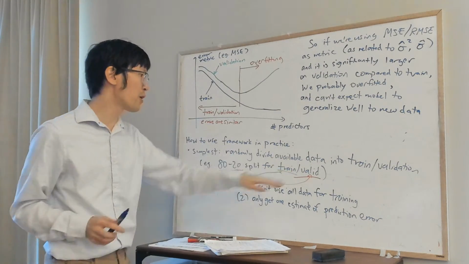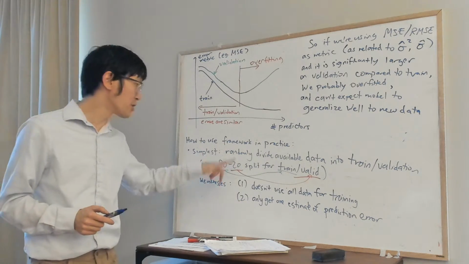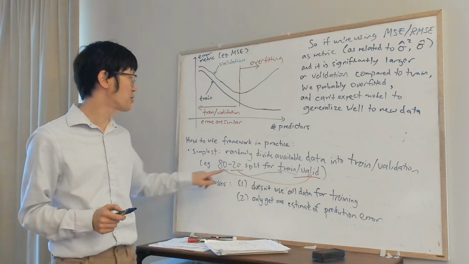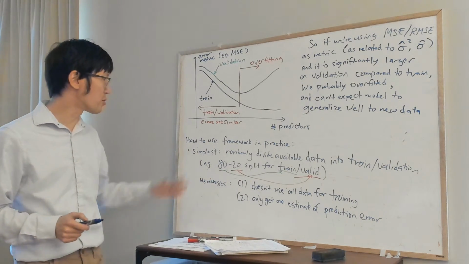We train and then we validate. So the validation only gets assessed on the 20% that was held out for validation, and our training never uses the entire data set. So this is one.